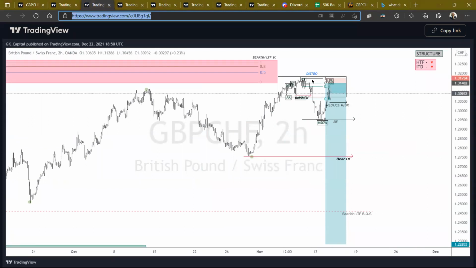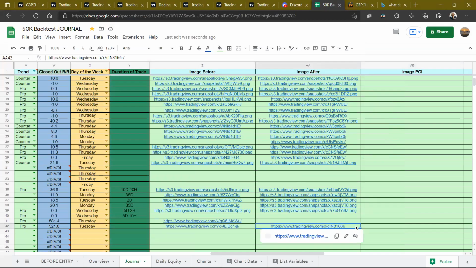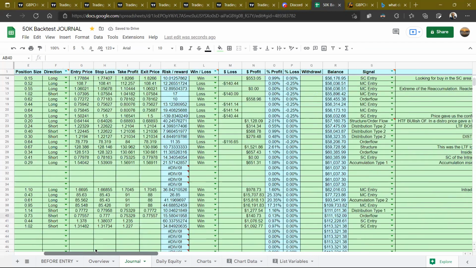Actually, I can't do it off both of them yet, can I? Okay, trade is not closed yet.